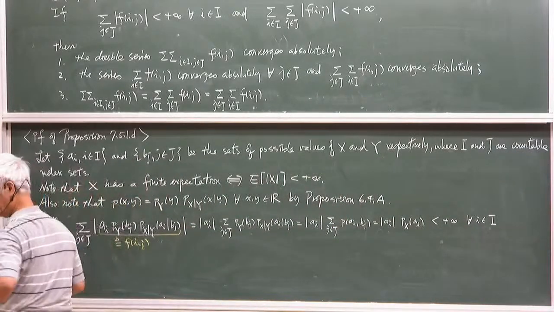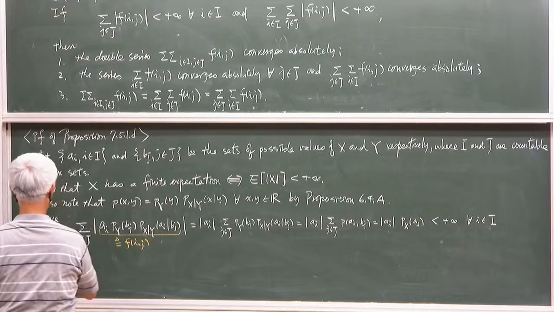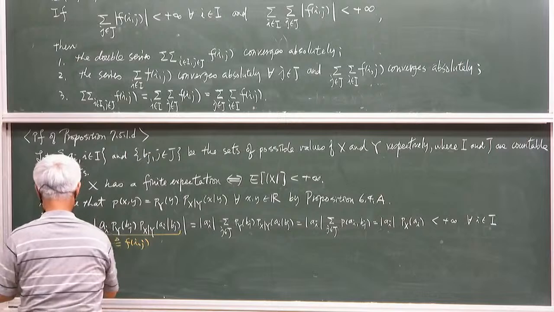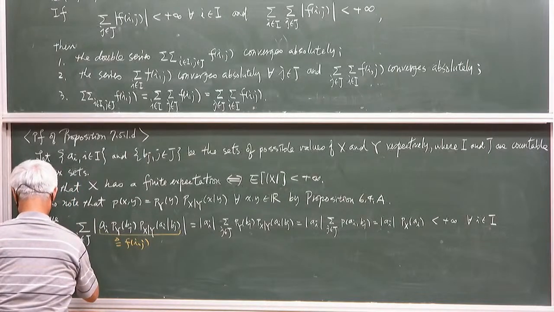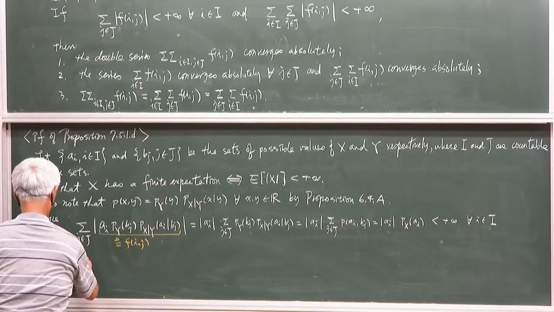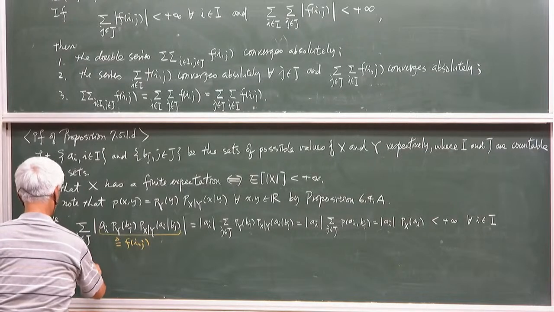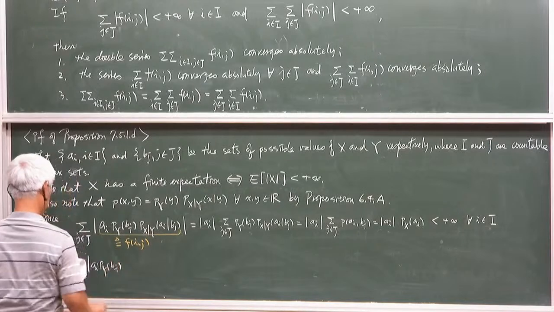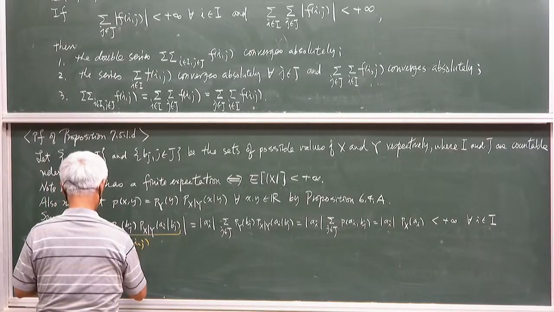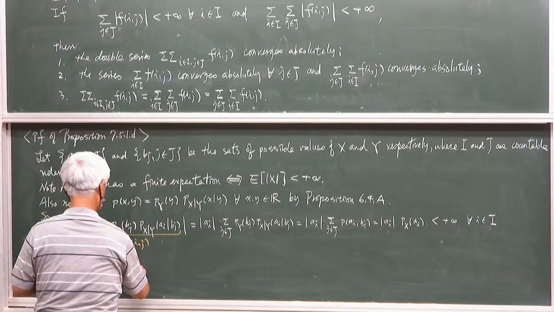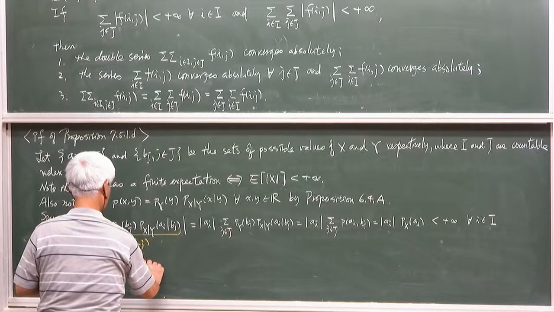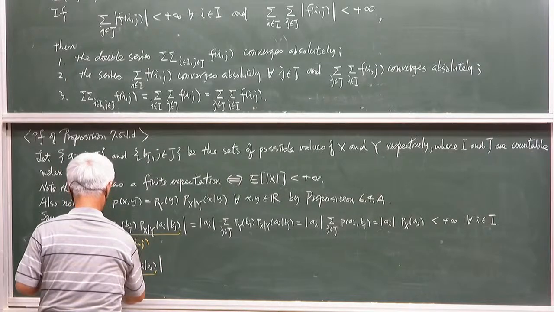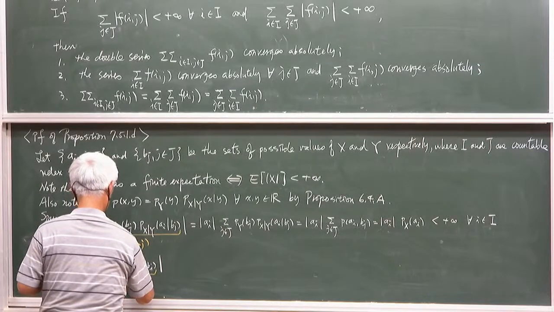And we check the second one, the sum over i of the absolute value of a_i. Again, this is f(i,j).